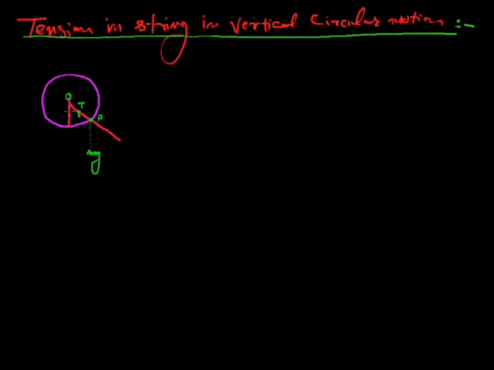This angle is theta. This angle also will be theta. This is mg cos theta. Here velocity at A is Va, and at point P velocity will be Vp.